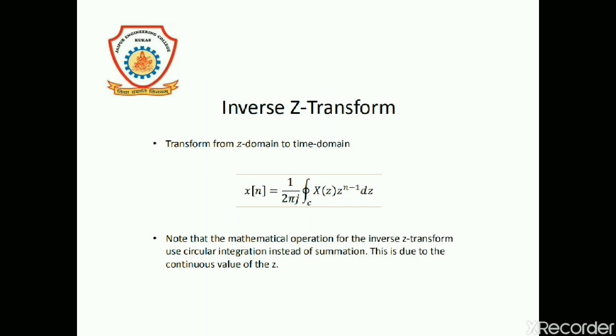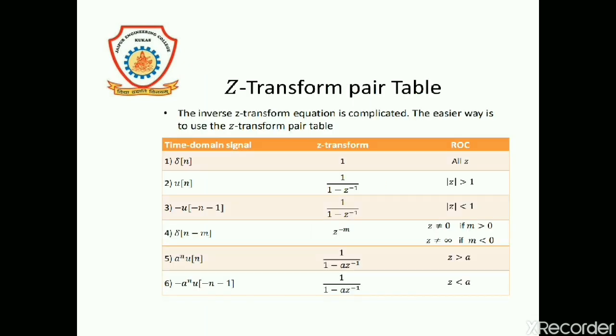This is due to the continuous value of Z. So this formula is very difficult to apply in finding the inverse Z transform of given signals. So different types of pairs we can use to find the Z transform of any signals.